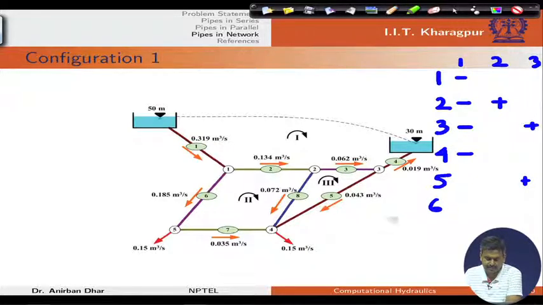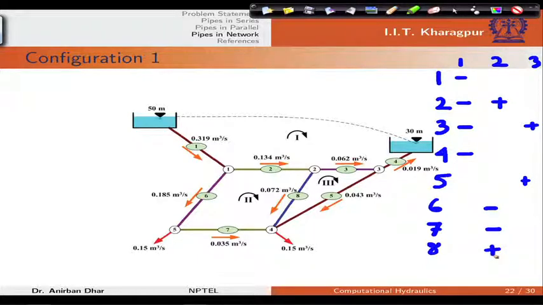Pipe number 6 is counterclockwise, so this is negative. Pipe 7 is again counterclockwise for loop 2, so this is negative. Pipe 8 is clockwise for loop 2, so it is positive, and counterclockwise for loop 1, so we have negative.